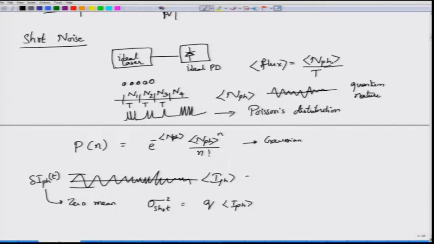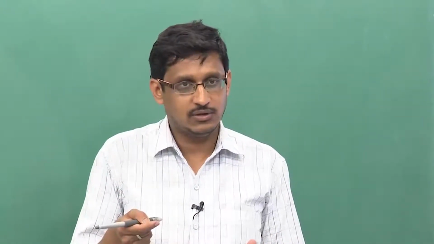So, it is actually directly proportional to the mean photocurrent. So, you might think that increasing the mean photocurrent value will increase the shot noise variance, and you are right. Shot noise variance does increase linearly with the increasing photocurrent.